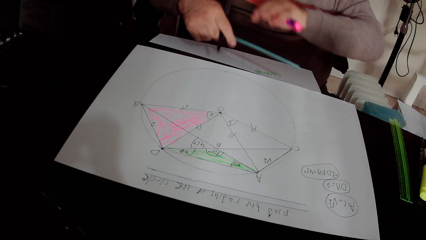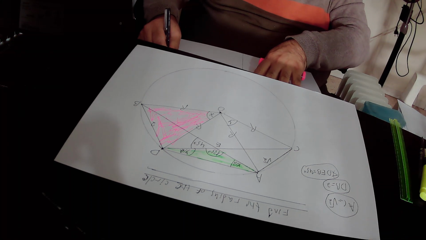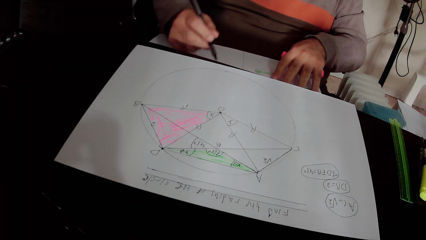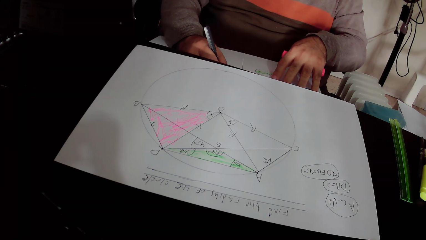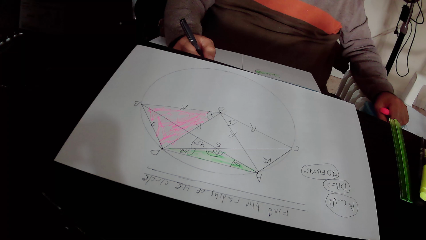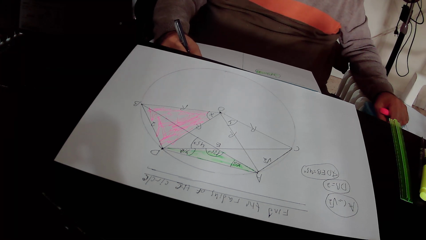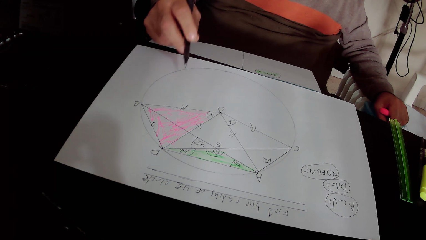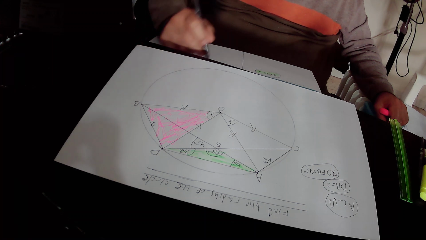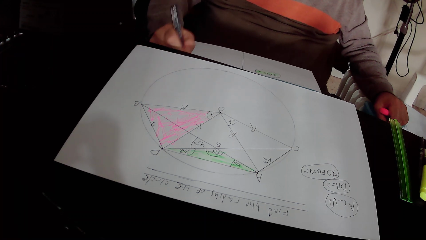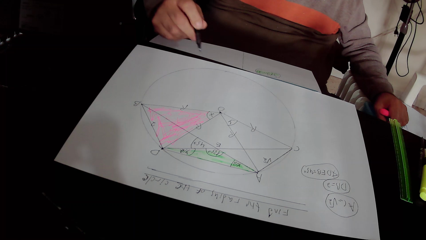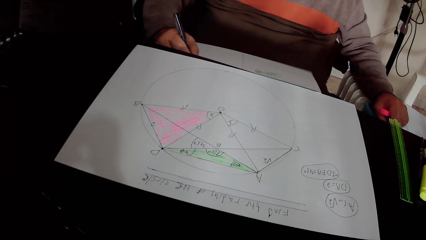According to the law of cosines, we get that cosine x equals r squared plus r squared minus 2 squared, that is 4, so it is minus 4, over 2 times r times r.